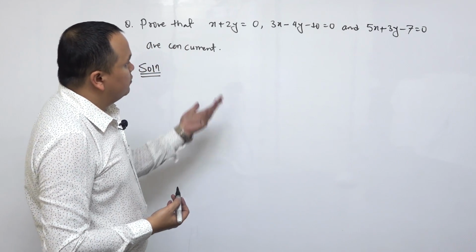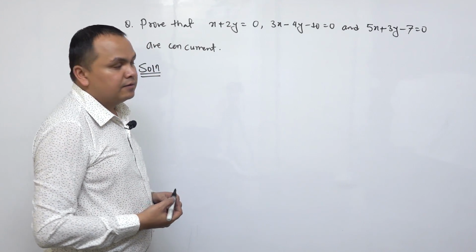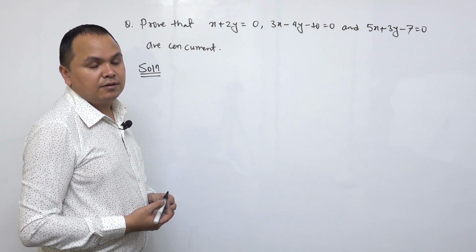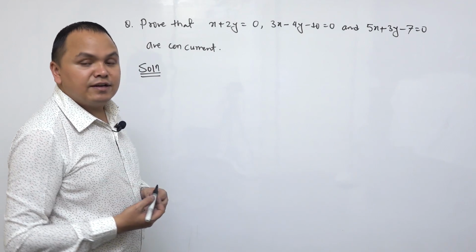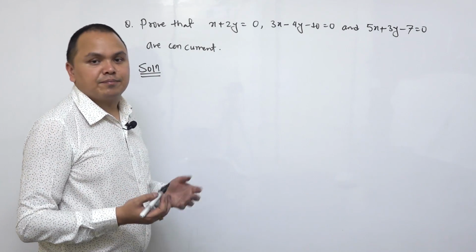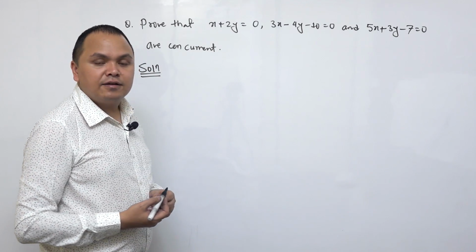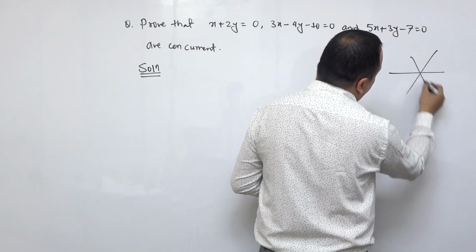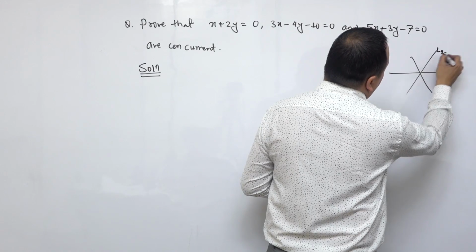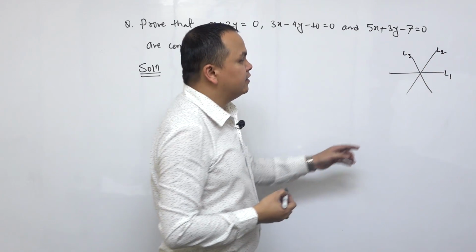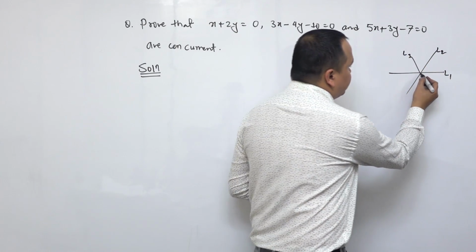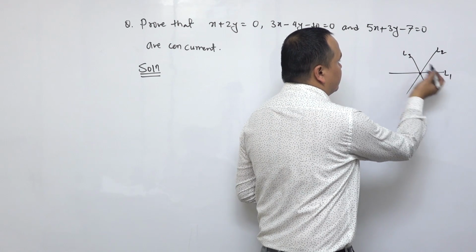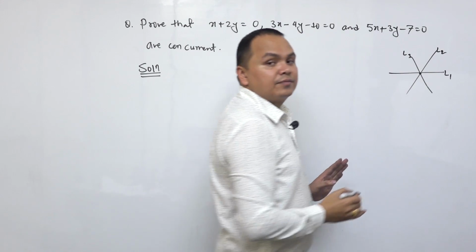If all straight lines pass through the same point, that is, their point of intersection is the same, then these lines are said to be concurrent, like L1, L2, L3, and here the point of intersection is the same. L1, L2, point of intersection of L1, L2, L1, L3, L2, L3.